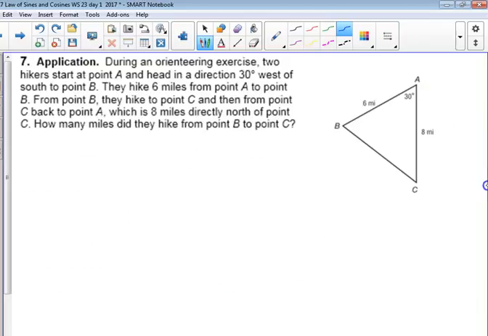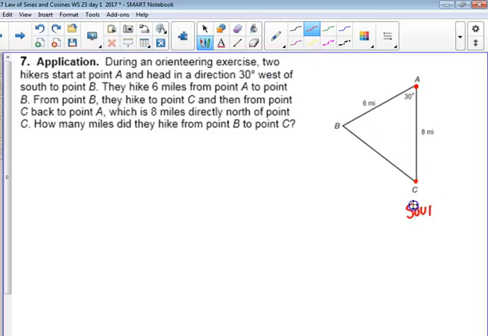If they didn't give us a picture, this would be a miserable question because it has directions and I know how much you love bearing problems, okay? This says they started at A. They knew straight south of them was a cabin at C, 8 miles away, but they wanted to go on a hike. So it says, during an orienteering exercise, 2 hikers start at A and head 30 degrees west of south.